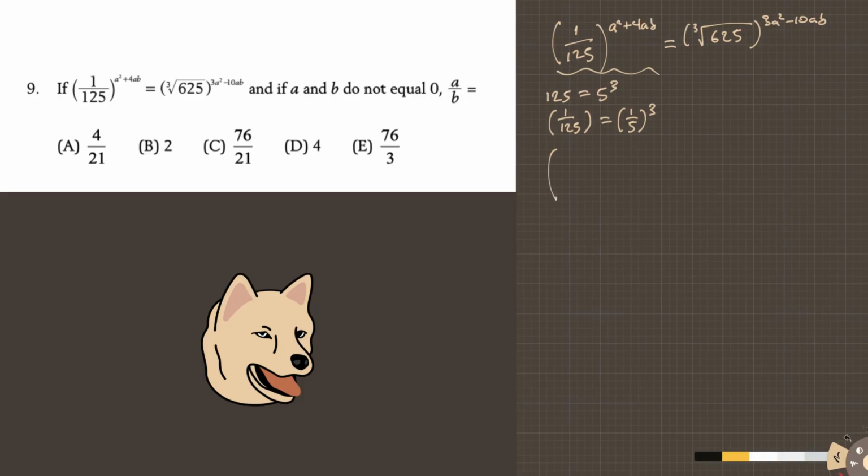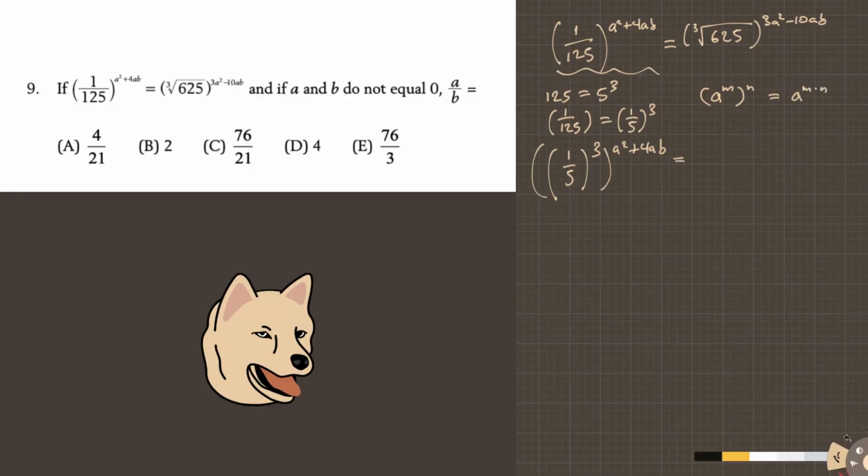So we now have 1 over 5 cubed, and this is to the power of a squared plus 4ab. Now, to simplify this chunk, we can use the power of a power rule. That basically states that if you have a number, let's say a to the power of m, and that is raised to another exponent n, this can be rewritten as a to the power of m times n.